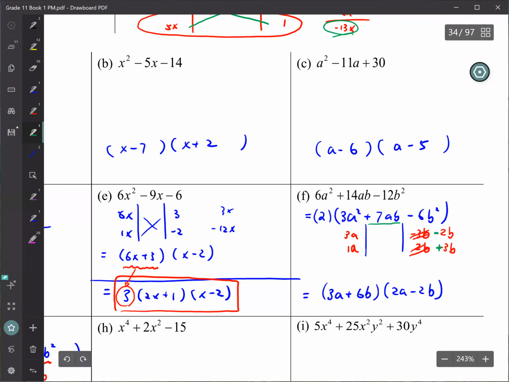Okay, so now it should work. So your brackets should be what? 3a minus 2b. Don't forget the letter. 3a minus 2b. Yeah. And then 1a plus 3b. And what else are you forgetting? The 2 on the outside.